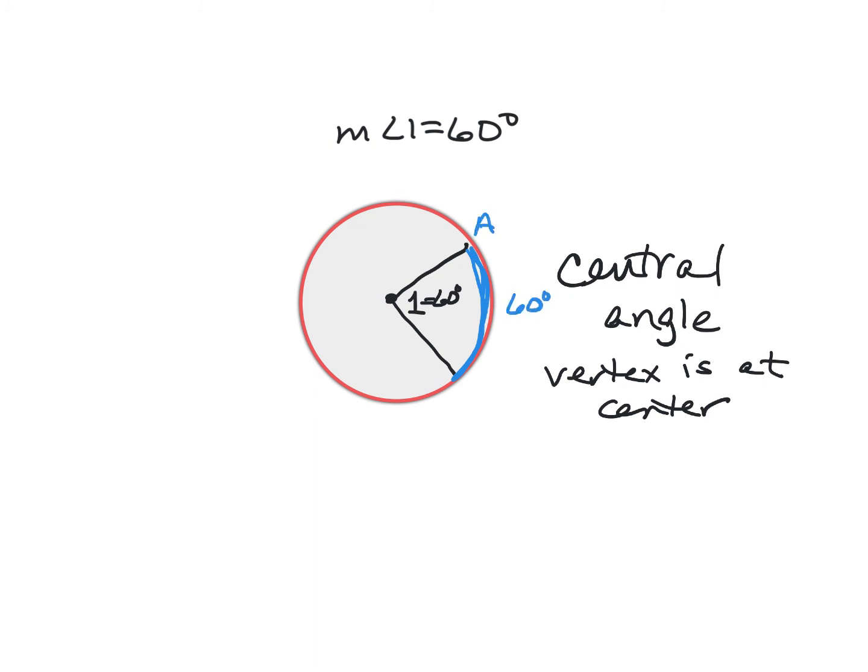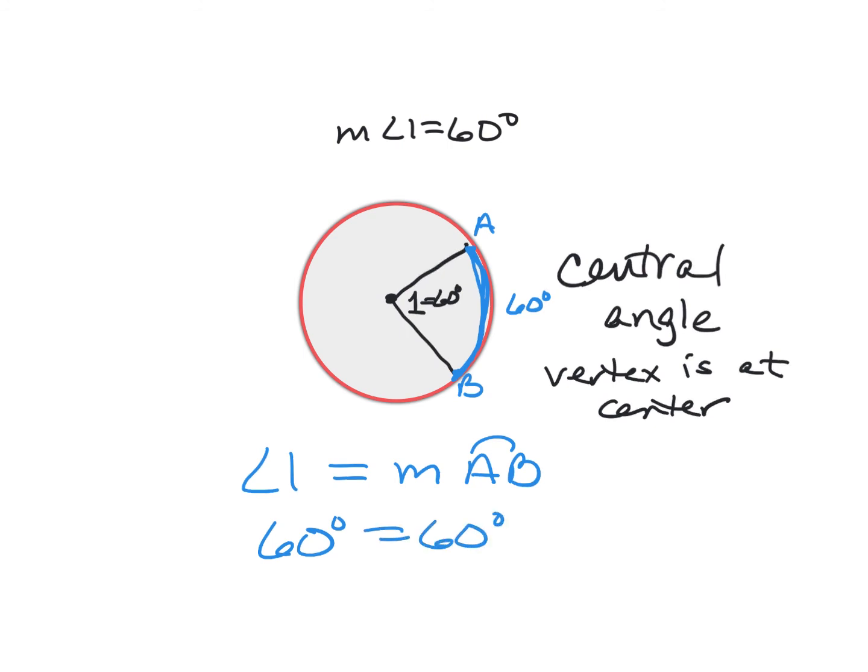So let's say I put an A here and a B here. So the measure of angle 1 equals the measure of its intercepted arc. So 60 degrees for the angle, 60 degrees for its corresponding arc. So when it's a central angle, the angle measure and the arc measure are equal.